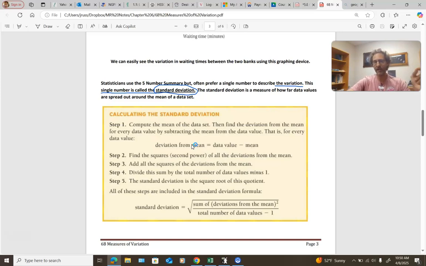Well, the problem with that is that if you add up all those deviations, you'll always get 0. The reason is because the mean is like the balancing point of the distribution, so all those positive deviations are going to cancel all those negative deviations. So just simply adding up the deviations isn't going to be sufficient.